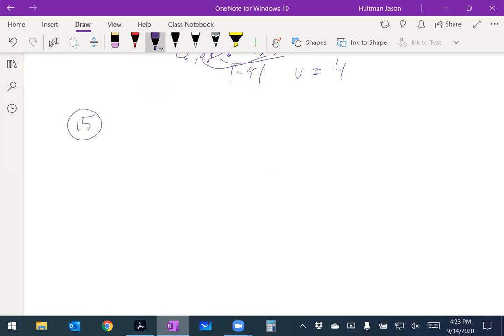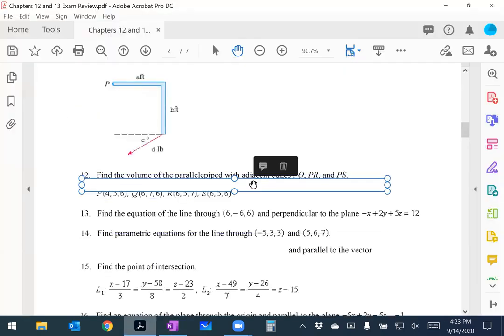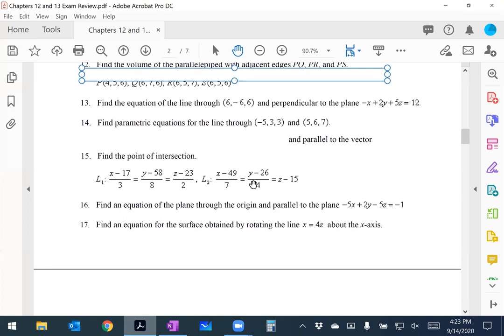Okay, so number 15 says find the point of intersection of these lines. We have line 1 and line 2. We want to find the point of intersection. We want to know for what value of x, y, and z are they all going to be equal? Well, just set them equal to each other. Just set the components equal to each other and solve for x, y, and z.